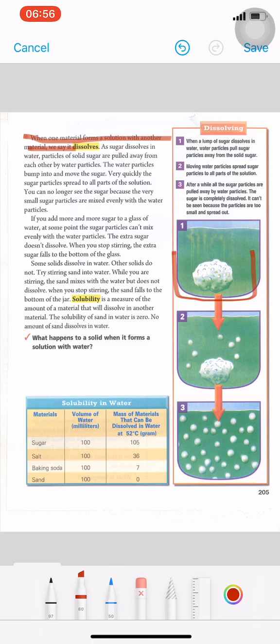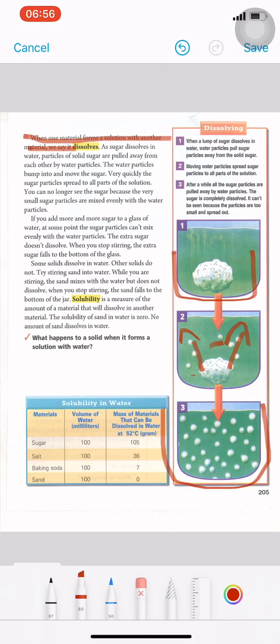As sugar dissolves, its particles are pulled away from each other by the water particles, and sugar particles spread to all parts of the solution very quickly. You cannot see sugar particles anymore because the particles are too small and spread out.